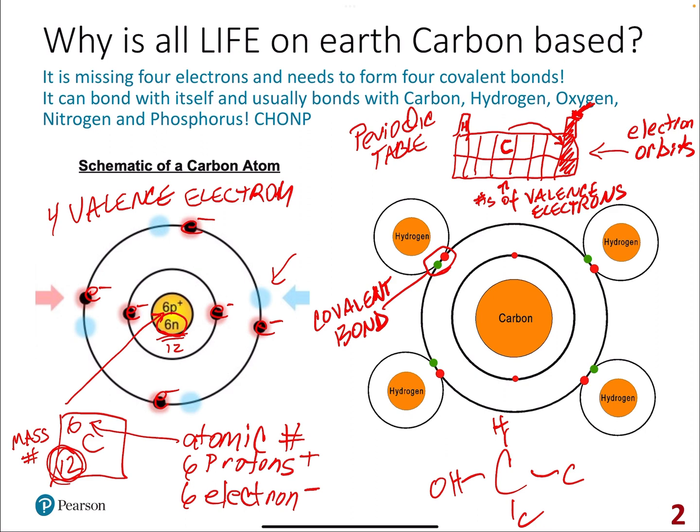This will just be a chain that goes on for thousands, and actually it can go up to millions of carbons and other things attached to it. That slide, it's a very big, important slide. Has a lot of information that was in the chemistry of life. And it's all so that you understand why life needs to have carbon.